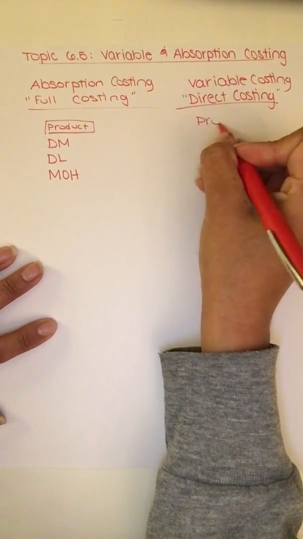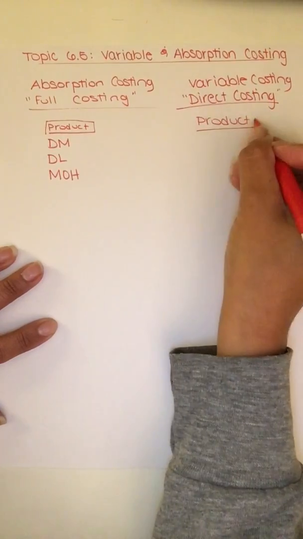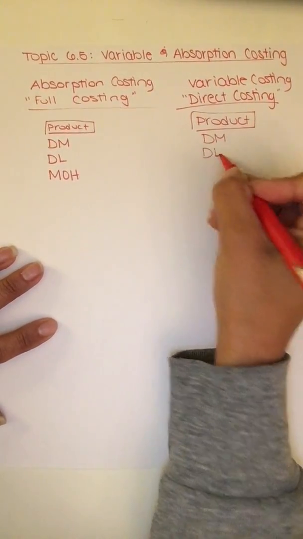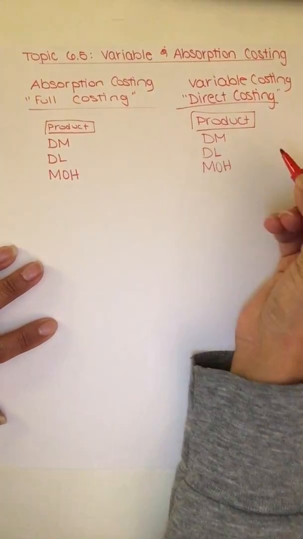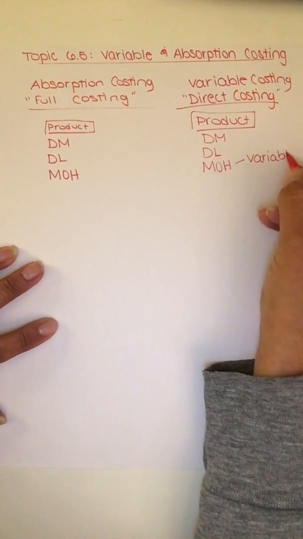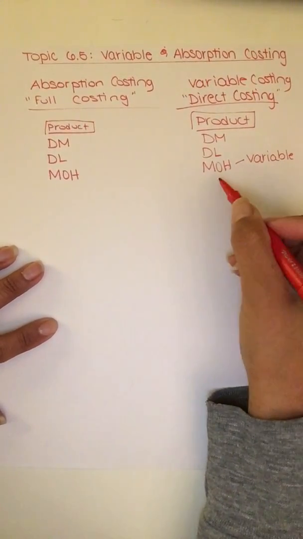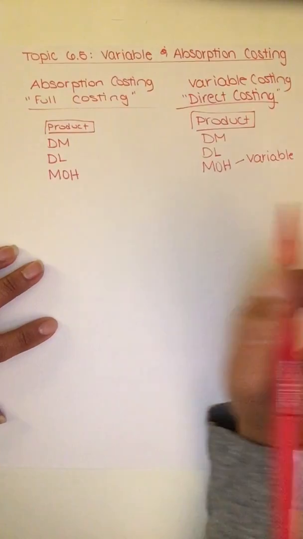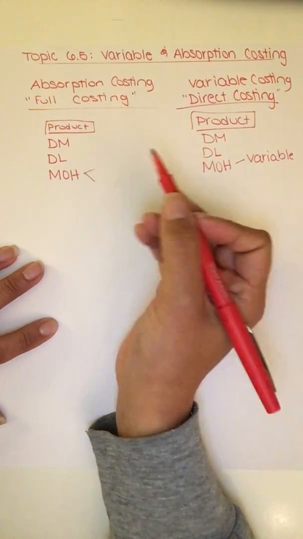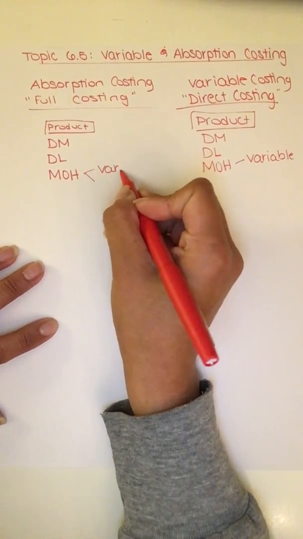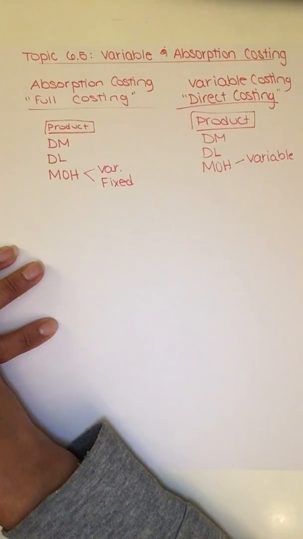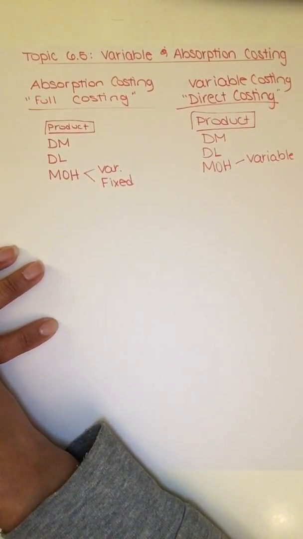Direct costing operates under the assumption that a product cost includes DM, DL, and MOH, wait for it, only the variable cost behavior components of your overhead, not the fixed overhead components, whereas absorption included both cost elements, your variable and your fixed.